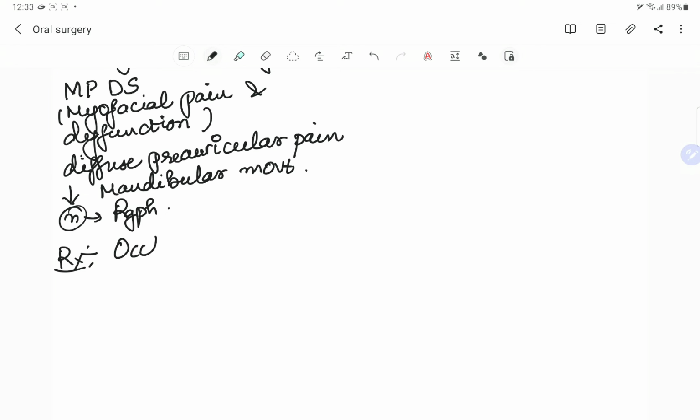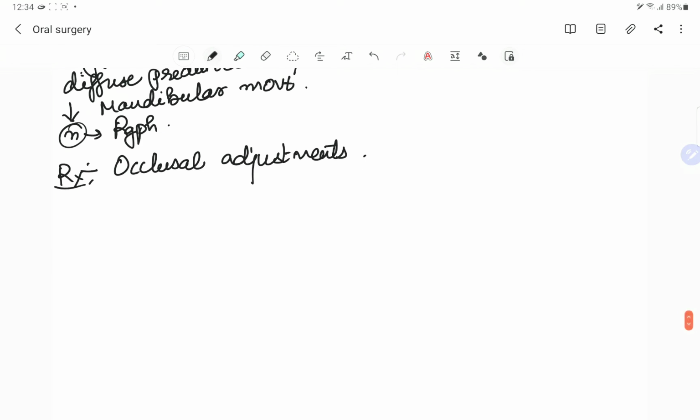What we are going to do is occlusal adjustments, and we give the night guard to the patient. Basically we give a stabilizing appliance to stabilize. So, a stabilizing or stabilization appliance we can give.